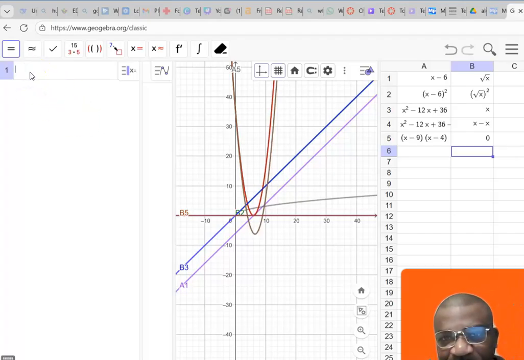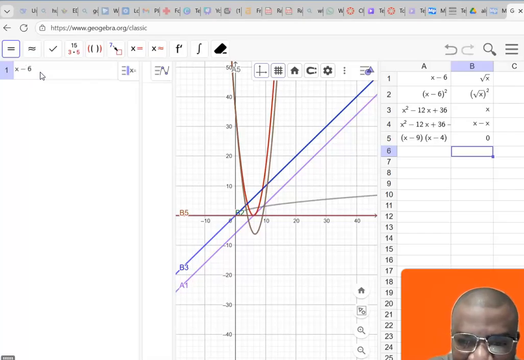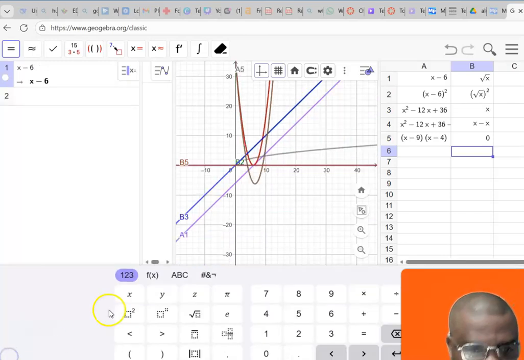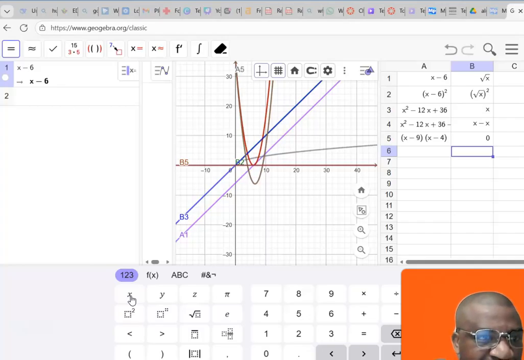So you can just simply type in the equation, which is x minus 6 equals to square root of x.